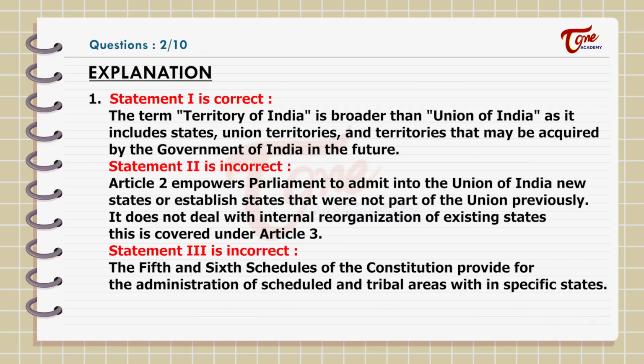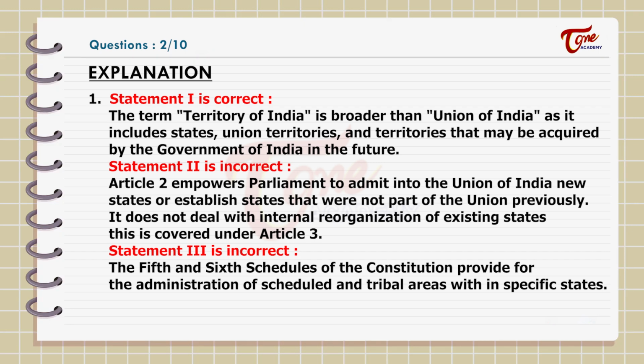Statement 1 is correct. The term Territory of India is broader than Union of India as it includes states, union territories, and territories that may be acquired by the Government of India in the future. Statement 2 is incorrect. Article 2 empowers Parliament to admit into the Union of India new states or establish new states that were not part of the Union previously.